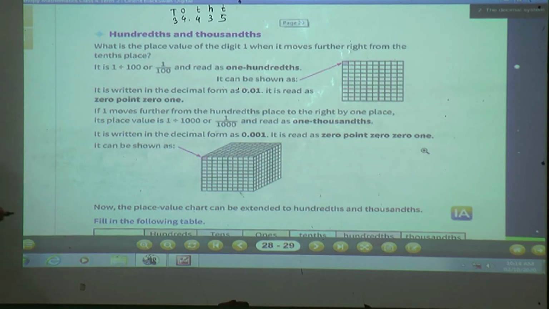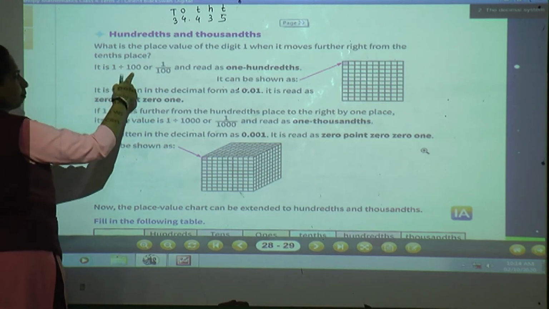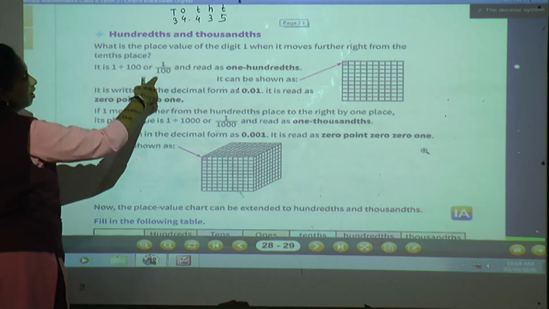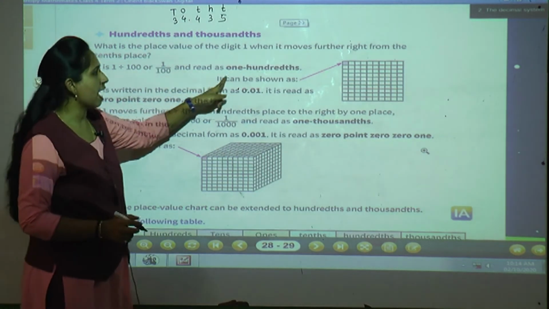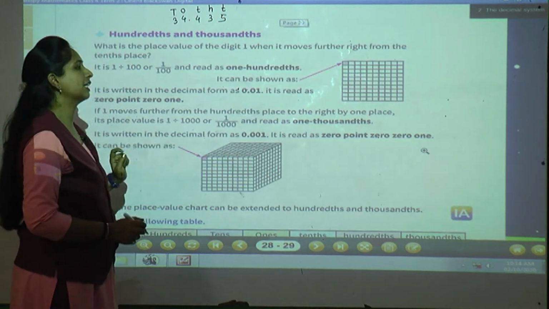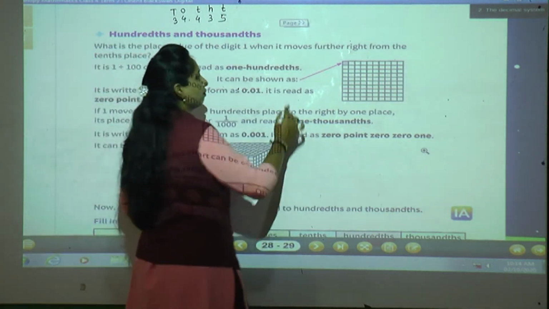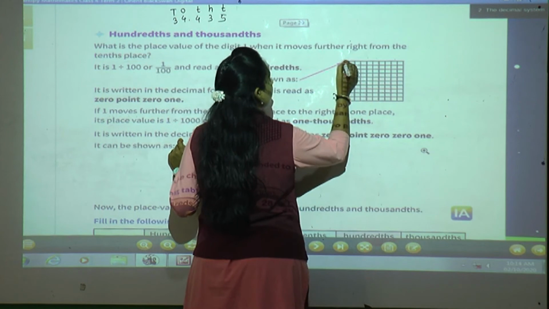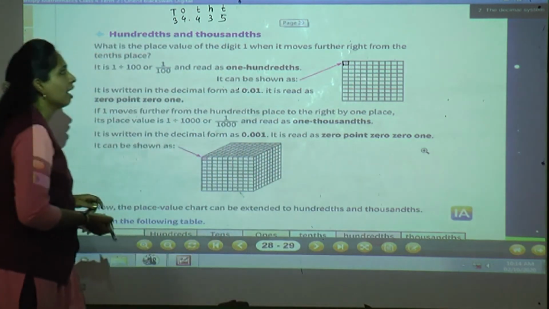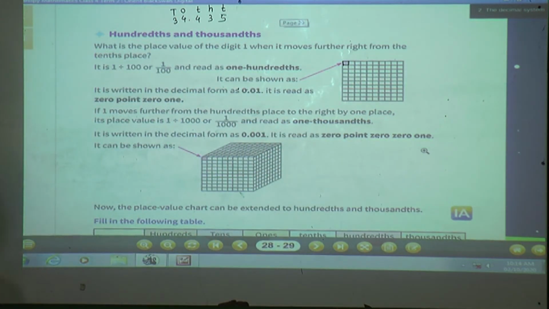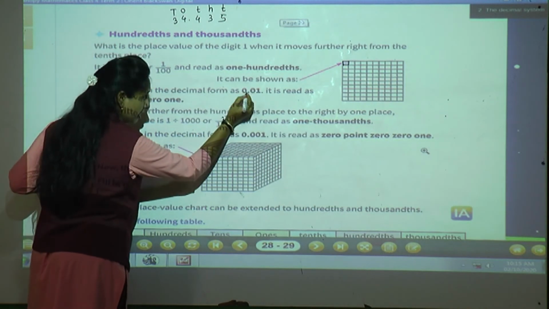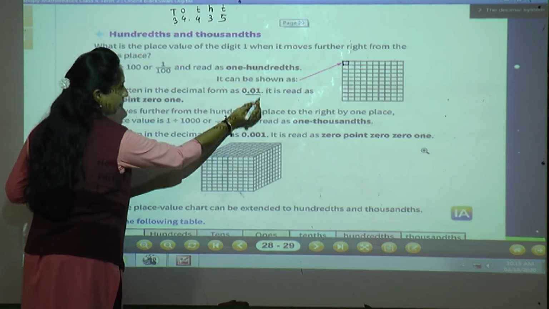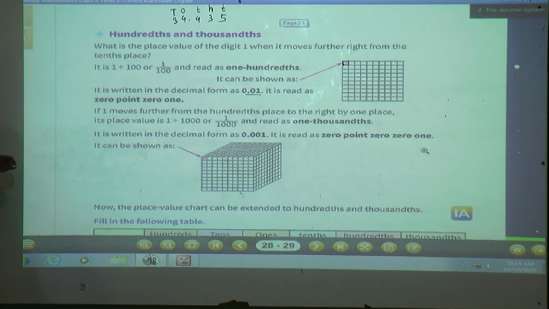So it is 1 divided by 100, or 1 upon 100, read as hundredths. 1 part out of 100 parts can be shown in a full hundred grid. It is written in decimal point as 0.01. Keep that in your mind.